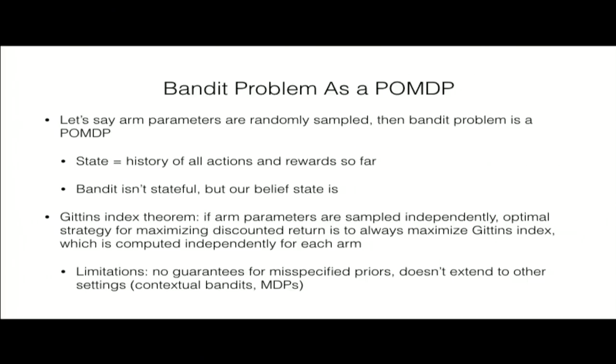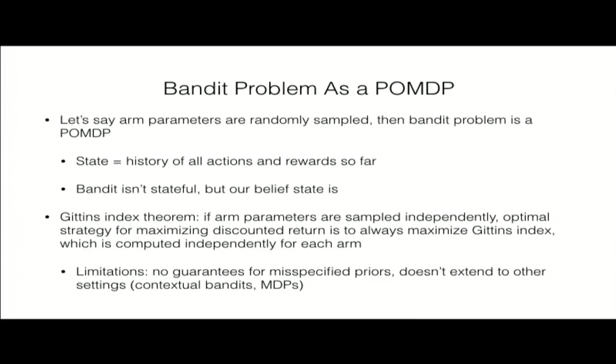Note that in the bandit problem, you have an environment that isn't stateful, meaning if you take an action at time t, the result doesn't depend on what you did at time t minus 1. However, your belief state is something that gets updated over time. That means your probability distribution over the problem parameters gets updated over time.